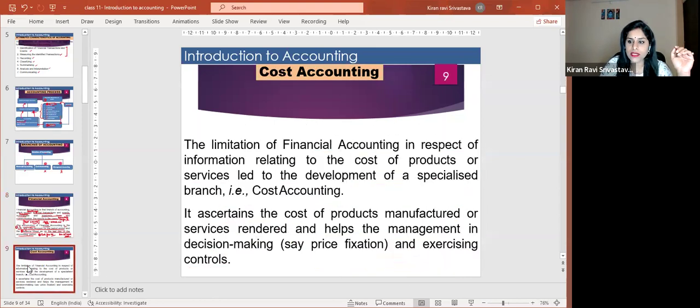Then the next branch is cost accounting. Now, why did cost accounting come in the first place? This branch came because financial accounting had some limitations or disadvantages.